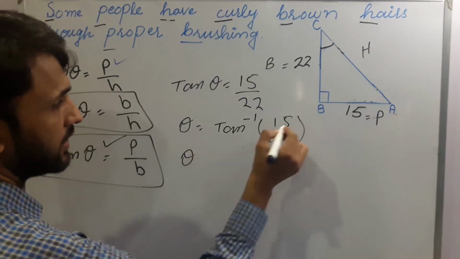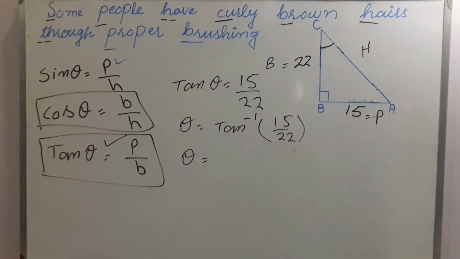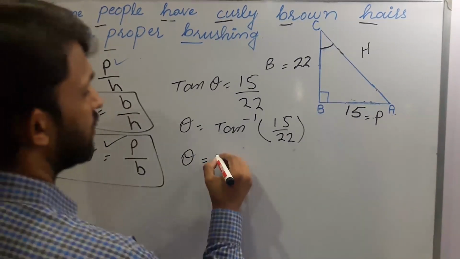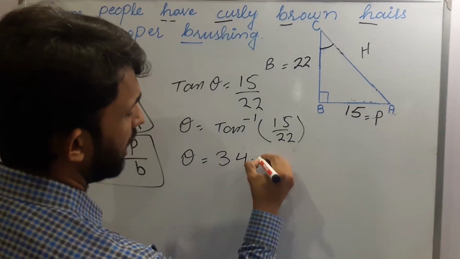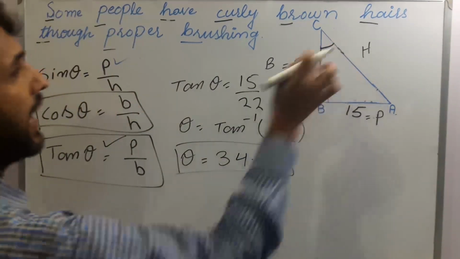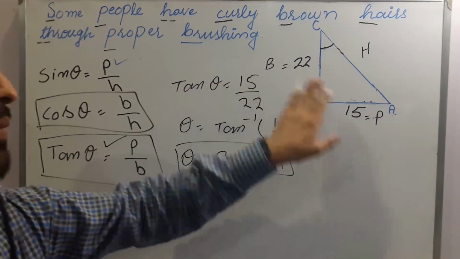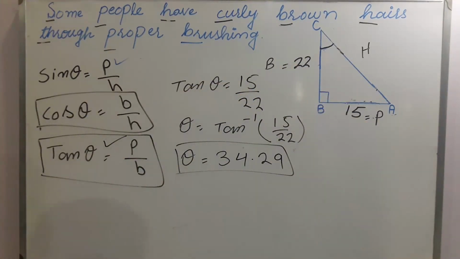Then here will be your answer, which is approximately 34.29. This is the first case when we have to find an angle, where we have perpendicular and we have base.